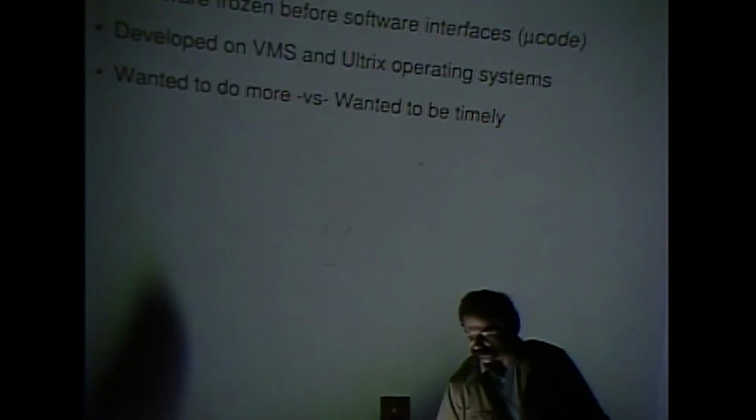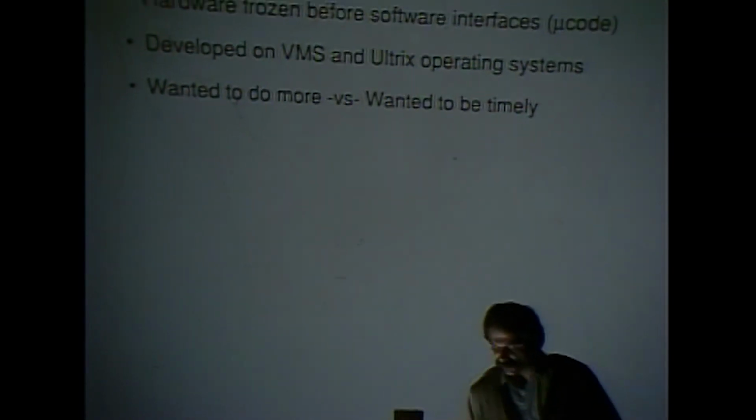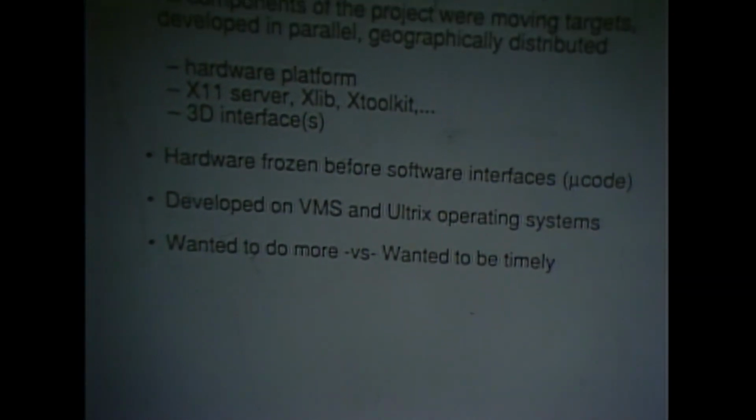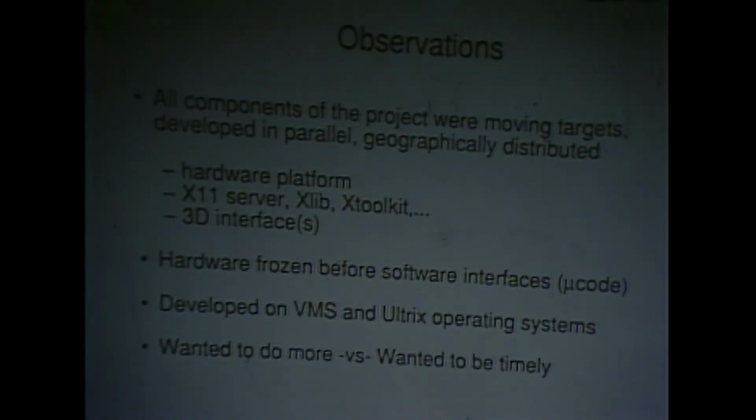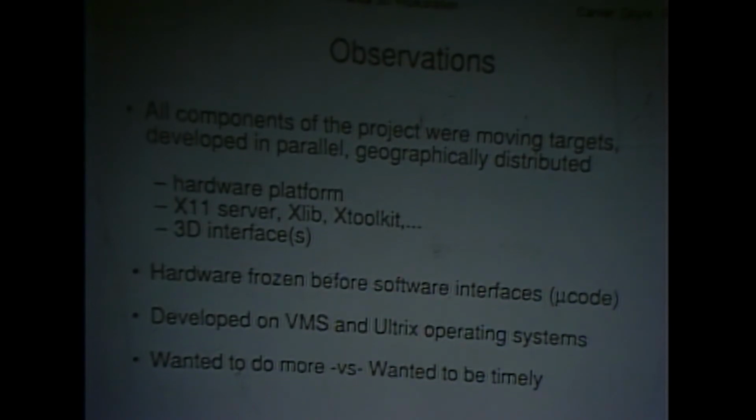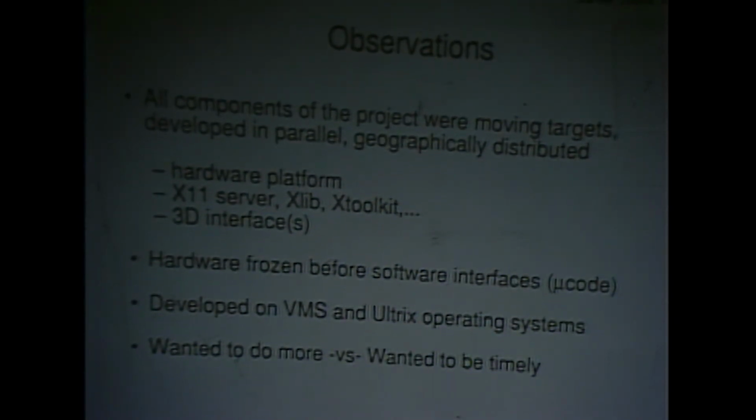There are a few observations from that list of dates. One of them was that all of the components that we were working with were moving targets. That included the hardware, all the components of X, and the 3D interfaces that we were working with.